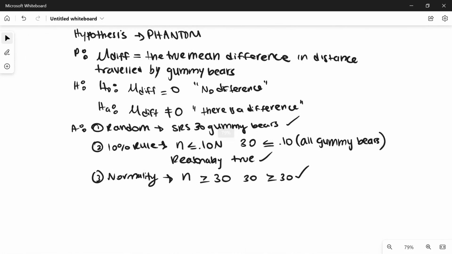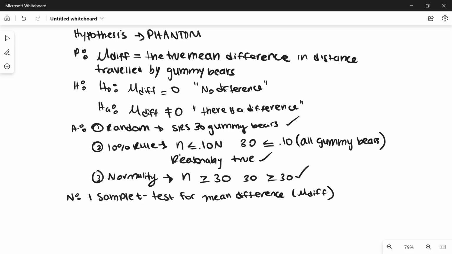Then we have N, the name of the procedure. This is a one sample t-test for mu diff, or you can write it as mean difference, because you're performing a one sample t-test for a mean difference.